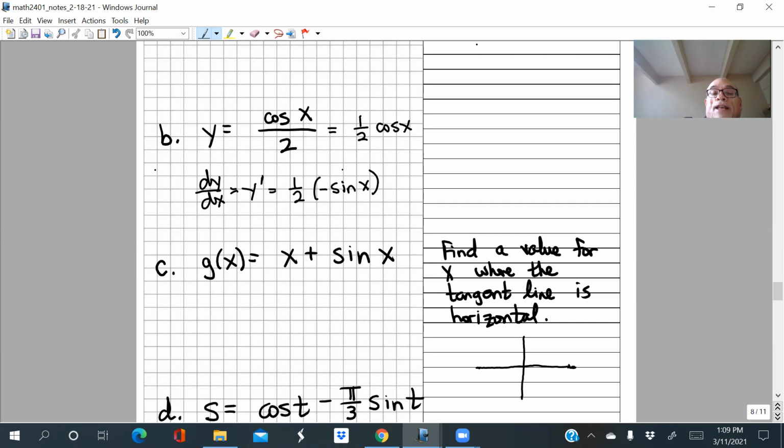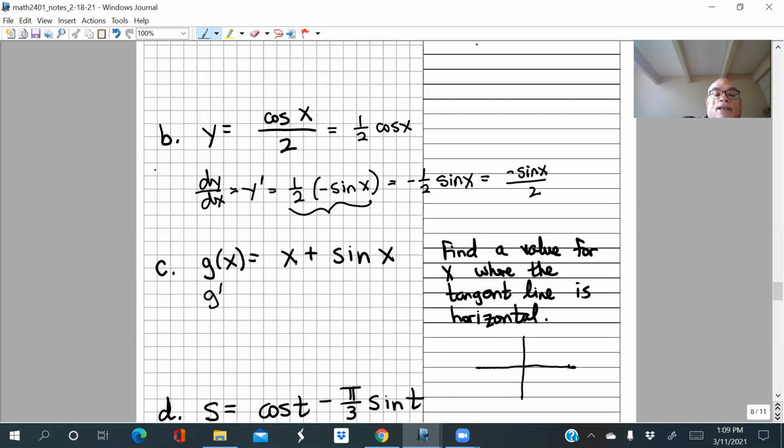So you just fill in here that the derivative of cosine of x is minus sine of x. Remember, you're multiplying here, not subtracting. So your final answer here is minus 1/2 sine of x. Or if you want to, you can write that as minus sine of x over 2. But really, this is the key step to get to. Your derivative is 1/2 times minus the sine of x.